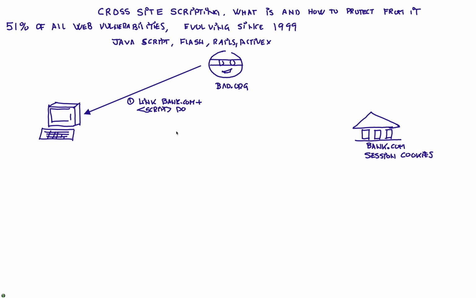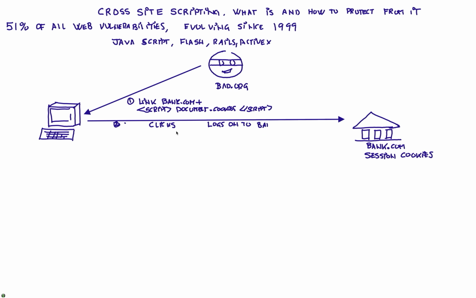Say something, and I'm oversimplifying this, something to get the document.cookies, which has your session cookies in it. So the next thing the user does is actually click on that link and log into the bank.